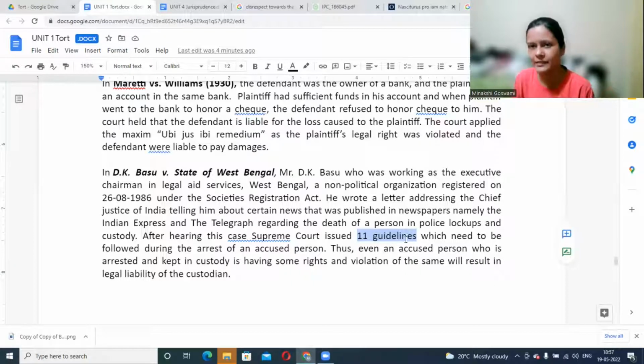These guidelines are nothing but some sort of rights given to an accused person. Once a case is filed against a person, he will also have some rights. If he is arrested, he will also have some rights. So these are mentioned over here. That is also nothing but rights, right? You have a right to life and personal liberty, right to dignity and all that stuff.